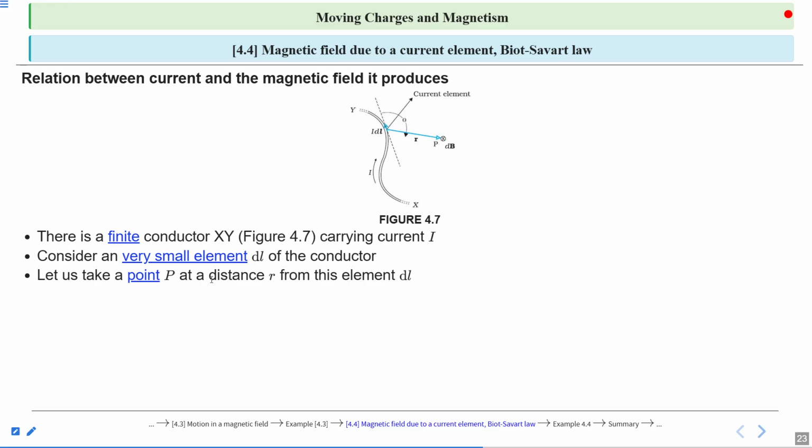Let us take a point P at distance r. So consider a point in space which is at a distance r from this element dl.